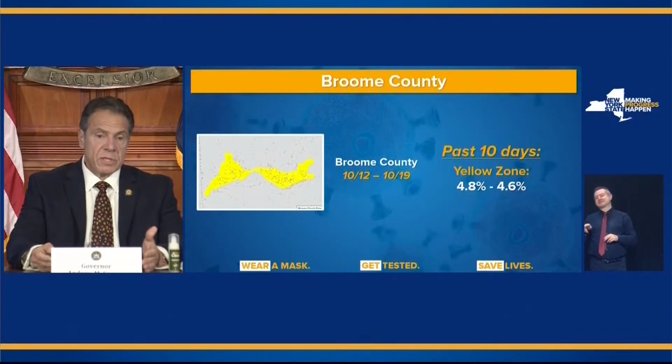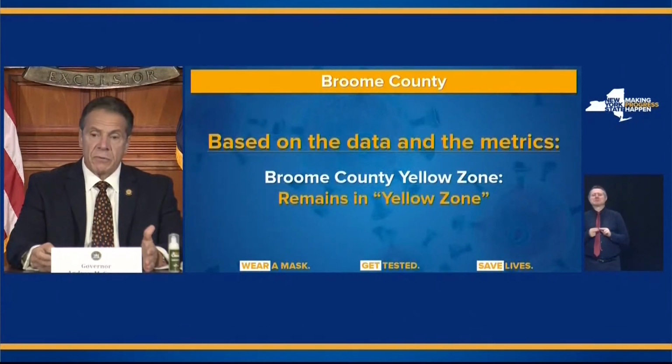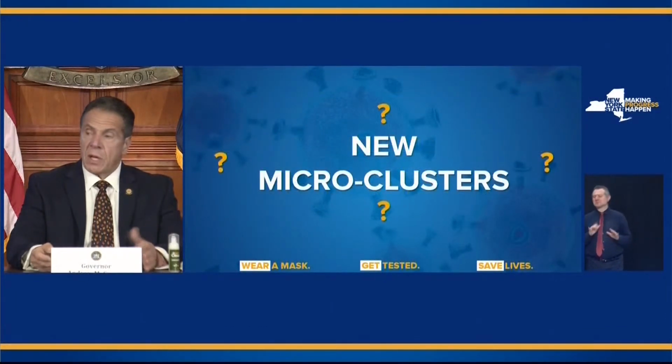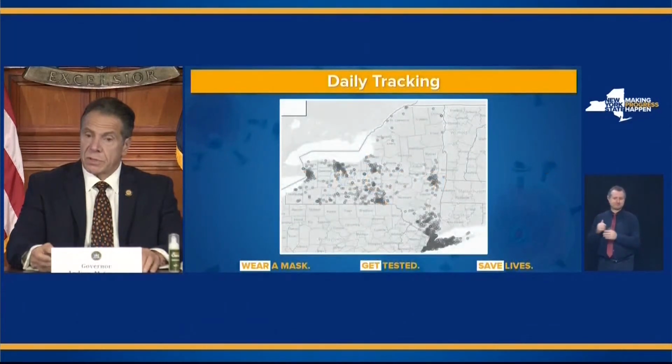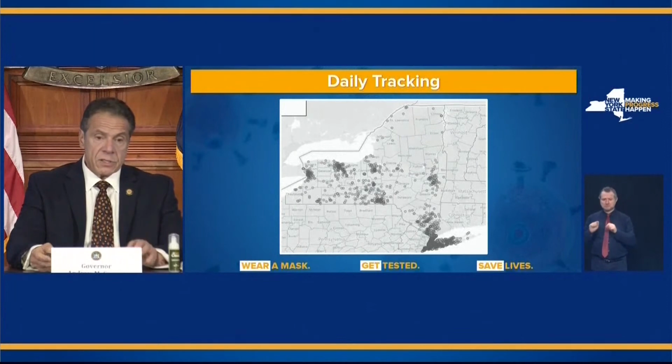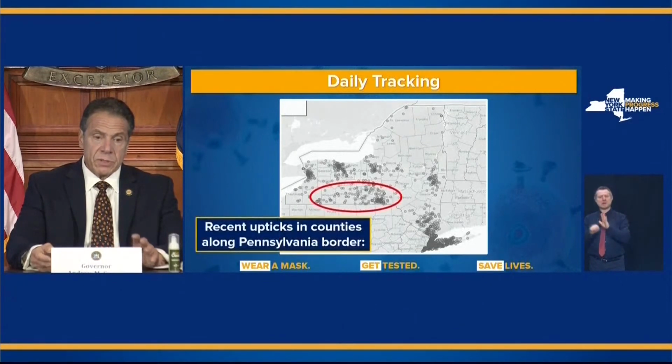Broome County, same thing, 4.8 to 4.6. That's marginal progress at best. It remains yellow. We're also tracking some new microclusters. This is the statewide map of microclusters.